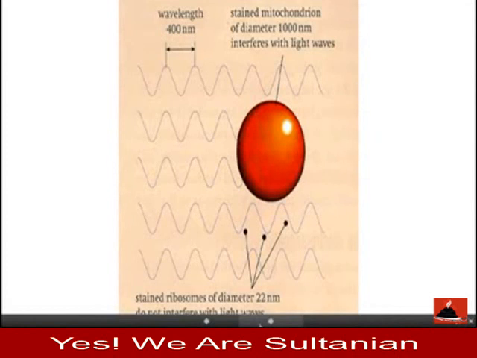So for example here, visible light, wavelength of 400 nanometers, we're going to be able to see structures that are maybe 200 nanometers at the limit. So anything smaller than 200 nanometers, we're not going to be able to see with a light microscope.